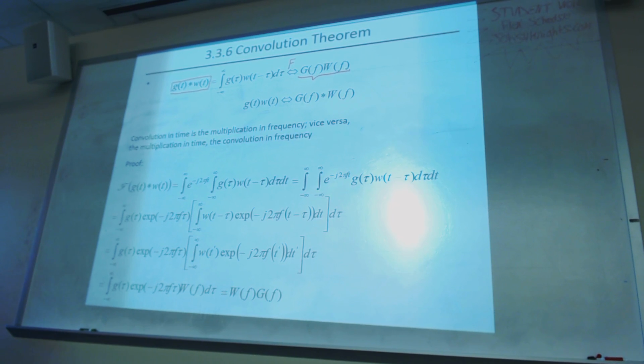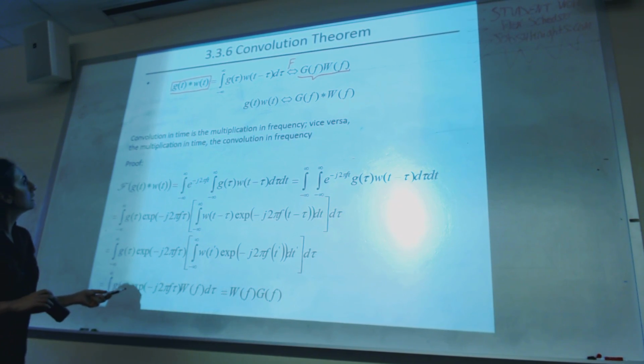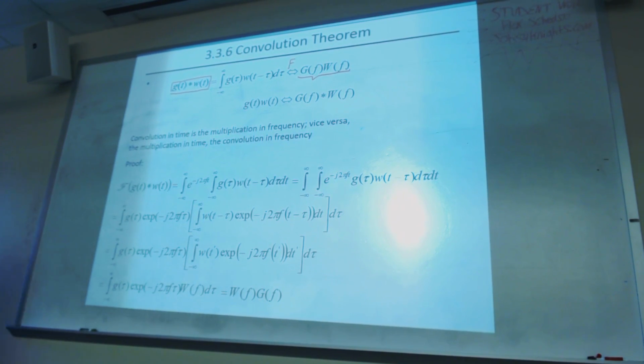Now, from the duality, we have the second line: if in the time domain instead of convolution I have multiplication, in the frequency domain I have convolution. See, therefore we conclude convolution in one domain is multiplication in another domain.